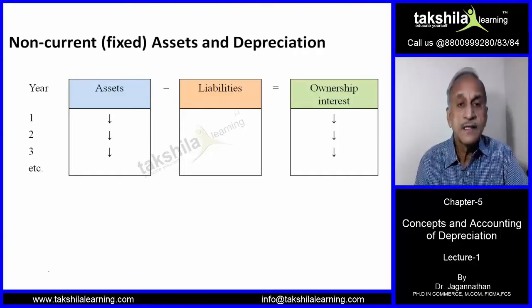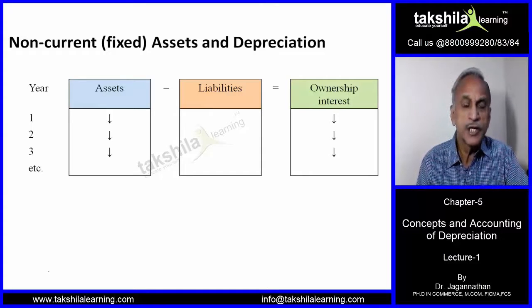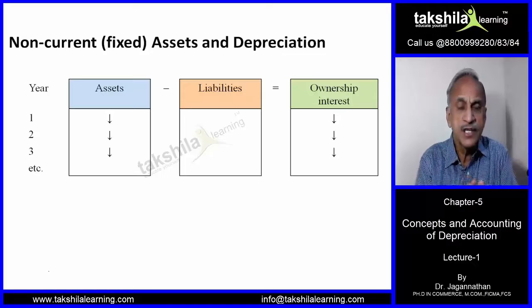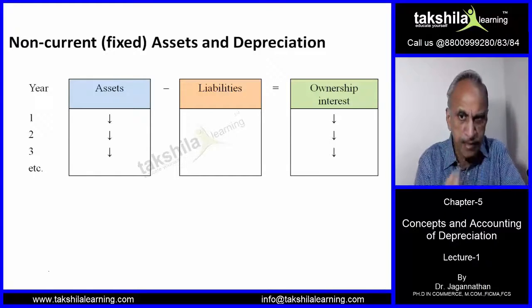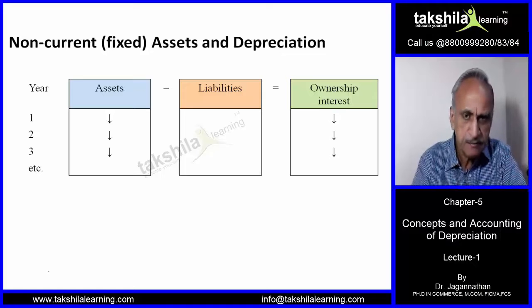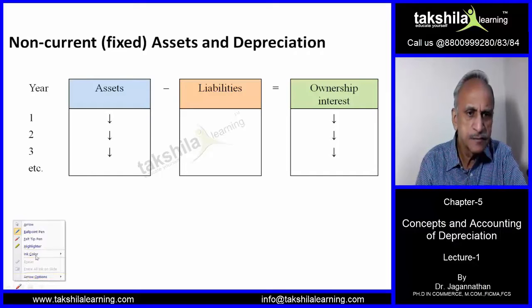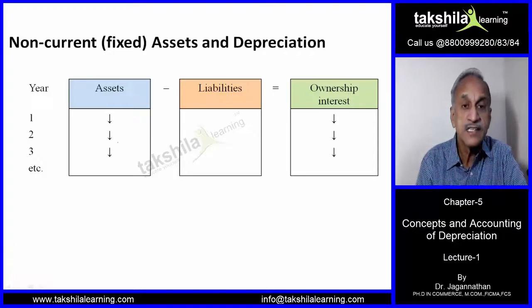You see in these blocks, I am using the accounting equation in front of you. Assets minus liability is equal to ownership interest. The accounting equation says assets equal ownership interest plus liabilities. But in order to explain depreciation, I am using this equation, and on the left hand side you see I am using assets.